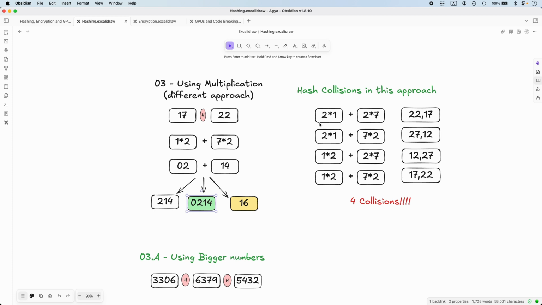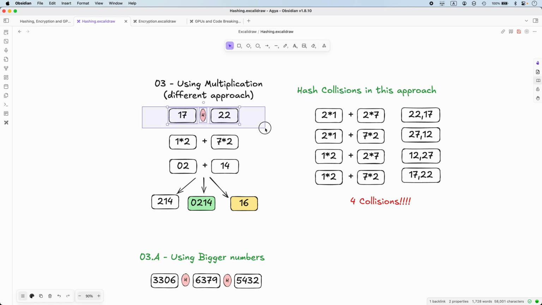And mix that with 14. There are 2 ways of decomposing 14. The first number is 2 and the second number is 7, or the first number is 7 and the second number is 2. So there are a total of 4 ways in which this mechanism of hashing collides.